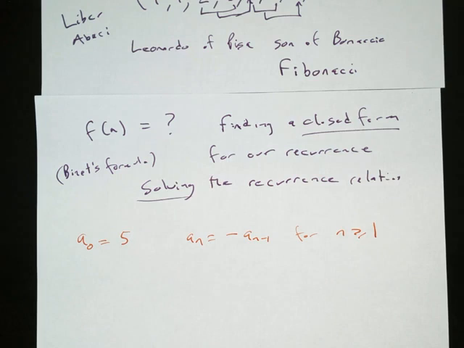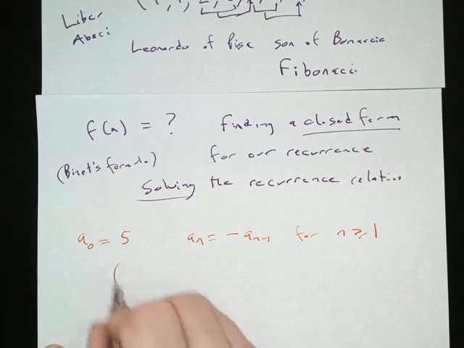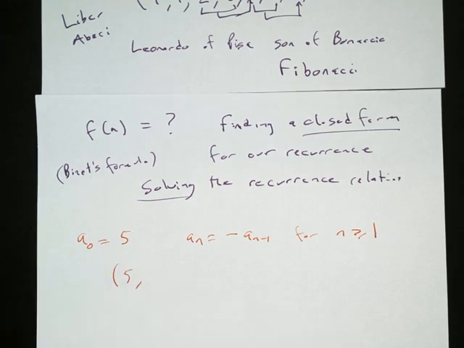This is a recurrence relation. Write out the first, I don't know, 6 of them. The first 6 terms in this sequence. Starts with a 5. What are the next 5 numbers?